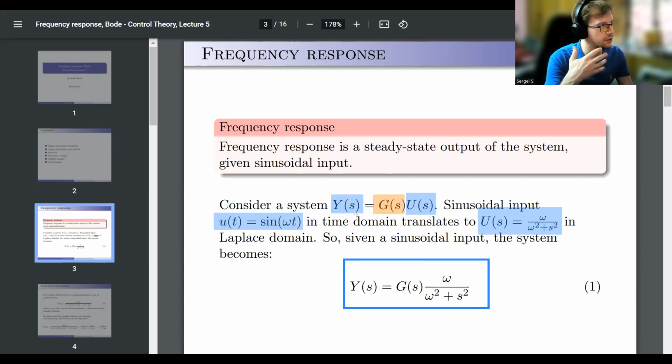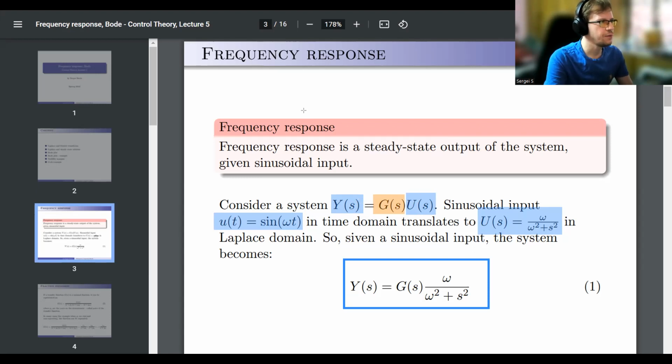And since we're at steady state, we could try to get rid of everything that is transient, and then we would hopefully achieve the answer. So what we wanted is the steady state response to a sinusoidal input.